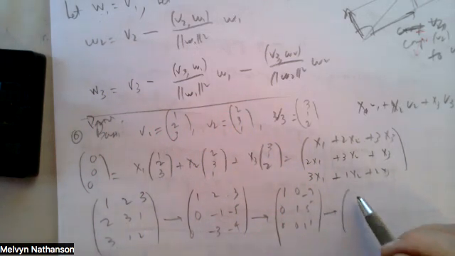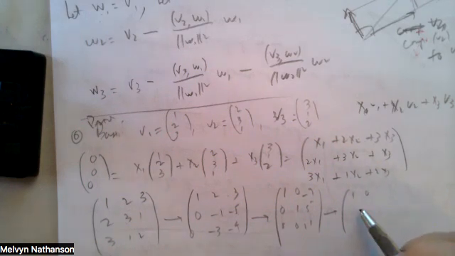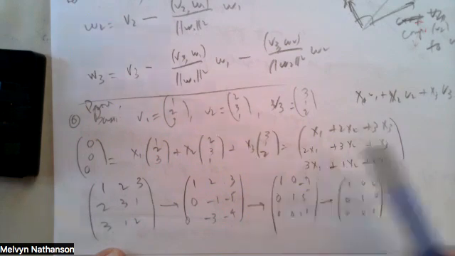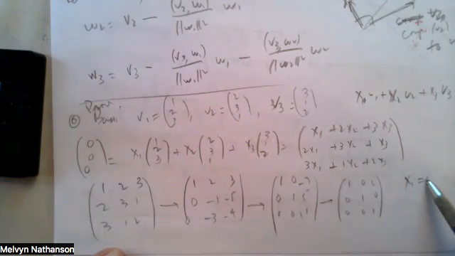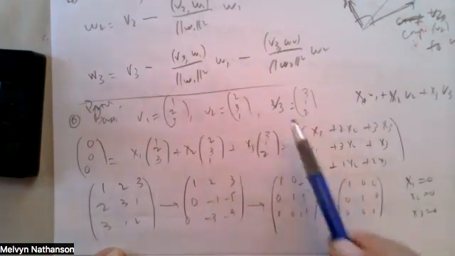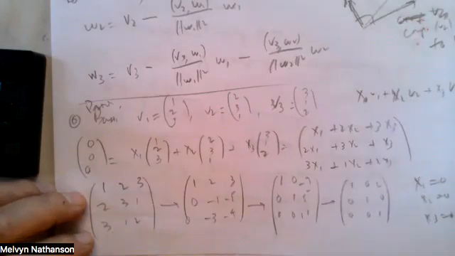And if I continue to put this in reduced row echelon form, you can do the steps yourself, I get this matrix. So this set of equations is equivalent to x1 equals 0, x2 equals 0, x3 equals 0. So that's a quick proof that these 3 vectors are linearly independent, and so they form a basis.